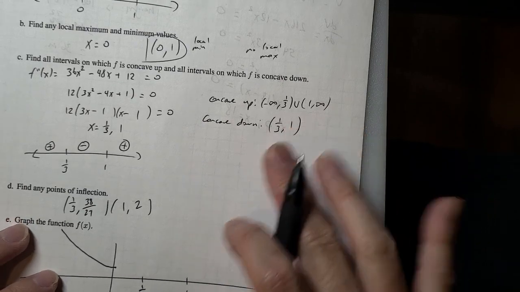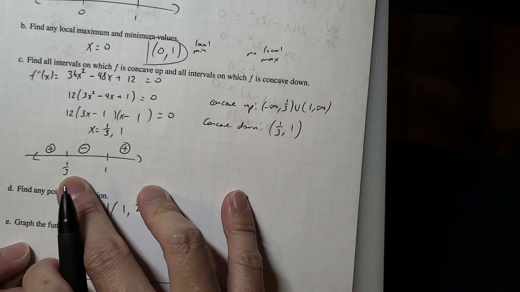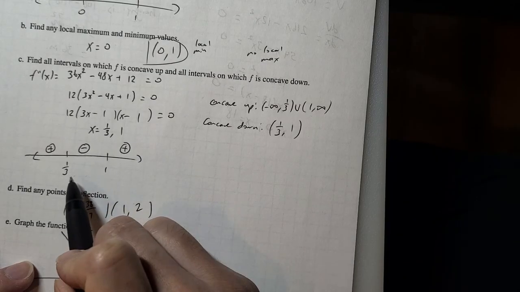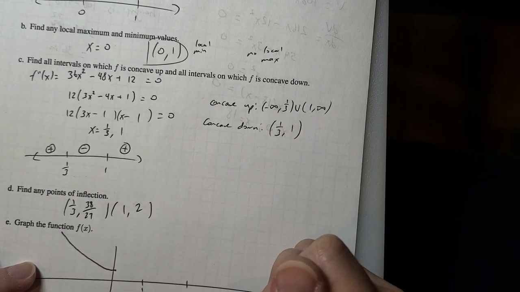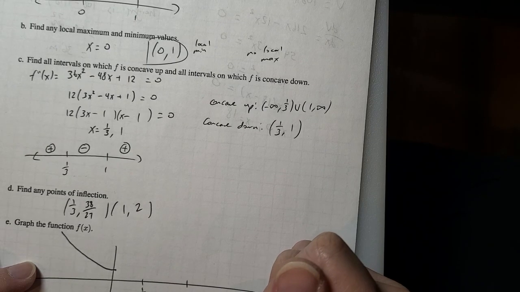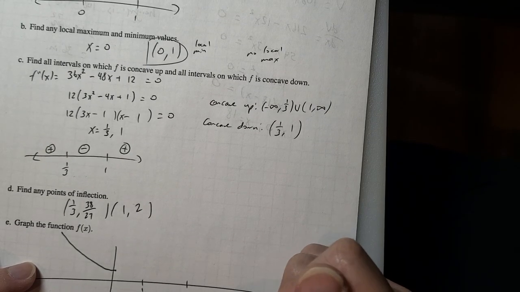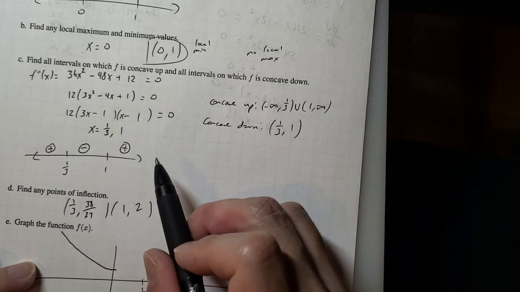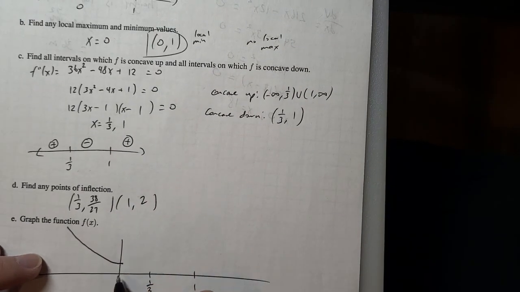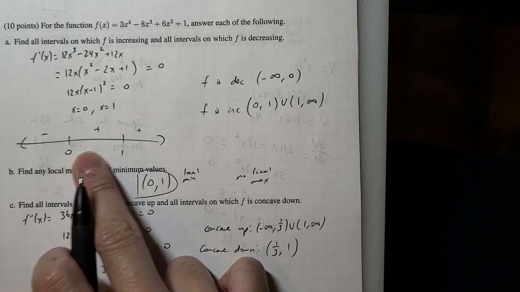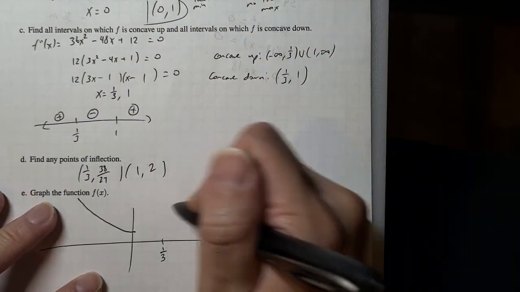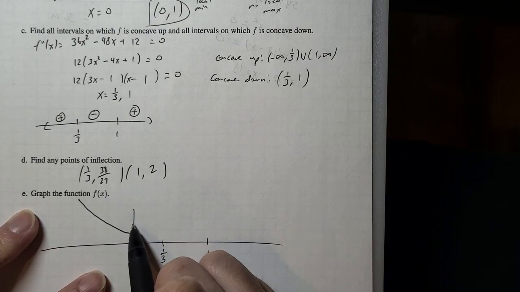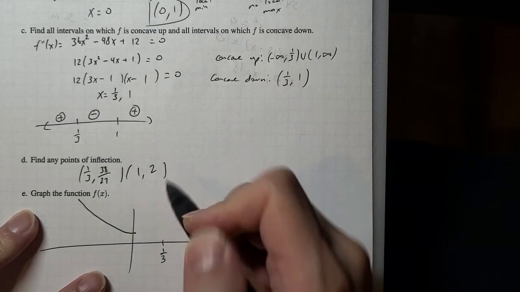Now let's look at points of inflection and concavity. Everything here was concave up. At 1/3, it's going to change to concave down, and then at 1, it's going to change back to concave up. But remember, f is always increasing for the most part. So how do we draw this to be concave down but increasing?